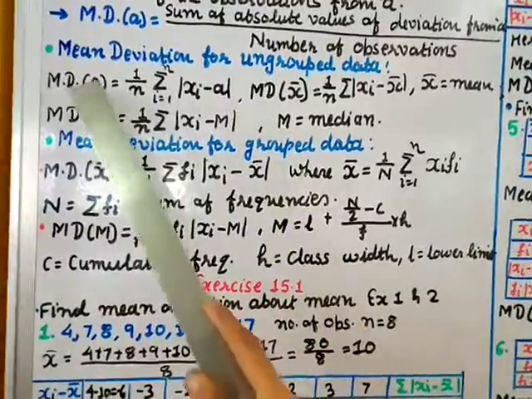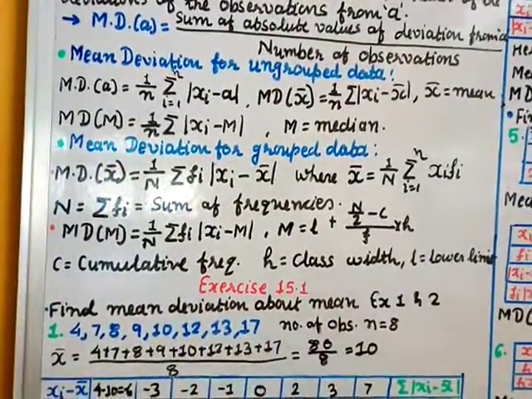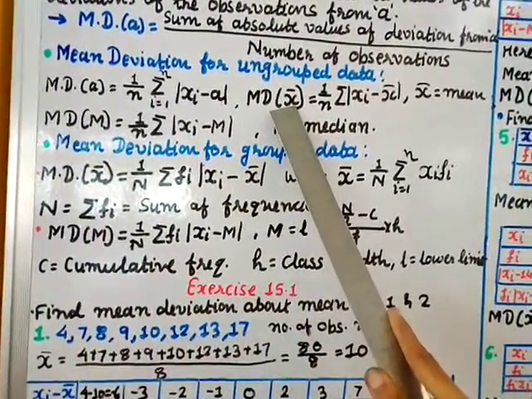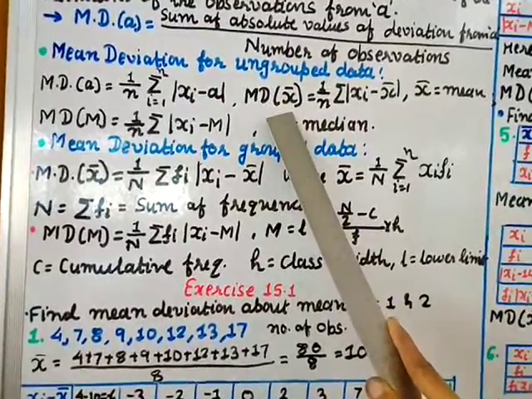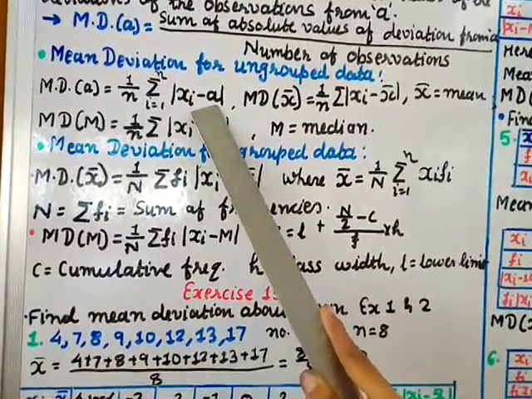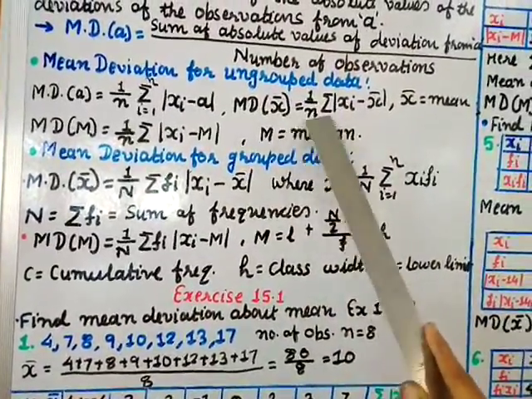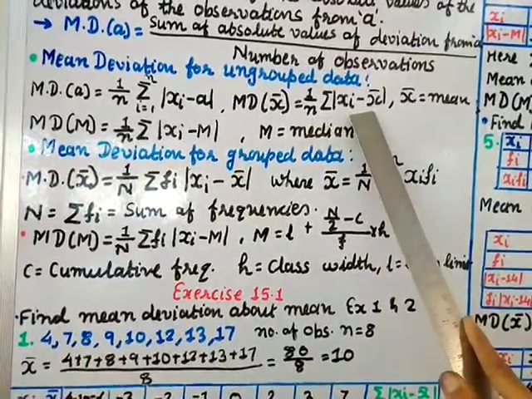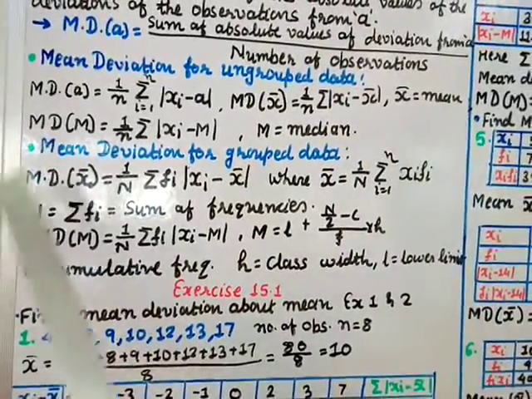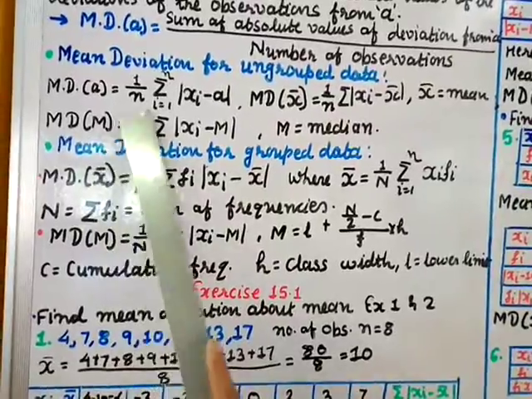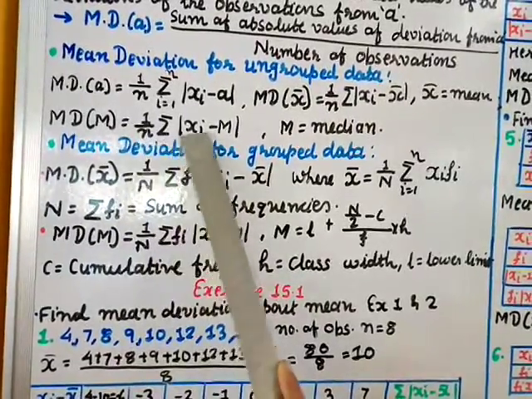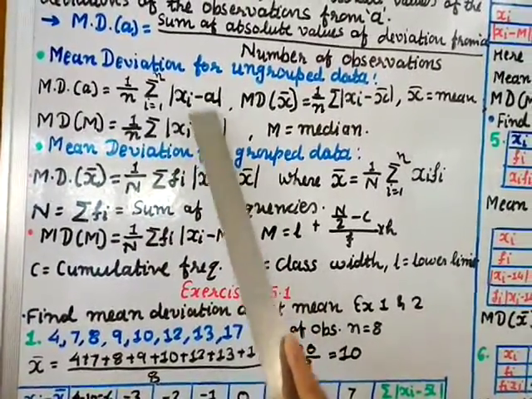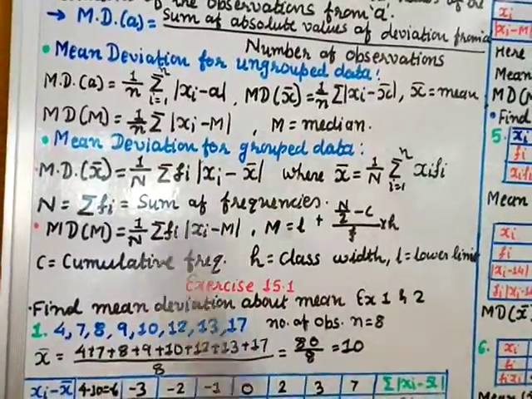Now this is the central value in general. If it is the mean, we write the symbol as x bar, so we'll just replace A by x bar. So 1 by n sigma modulus of xi minus x bar, where x bar is the mean. Mean deviation about median equals 1 by n sigma modulus of xi minus M, and M is the median.